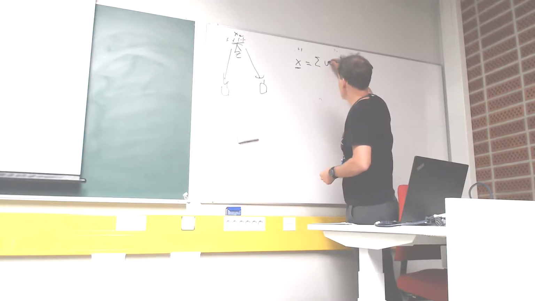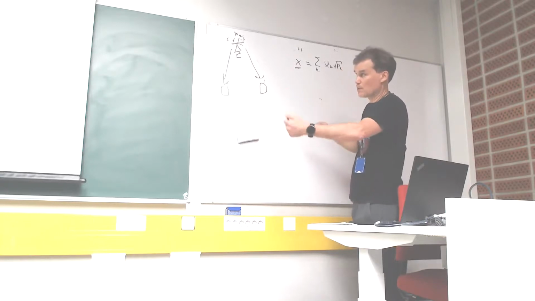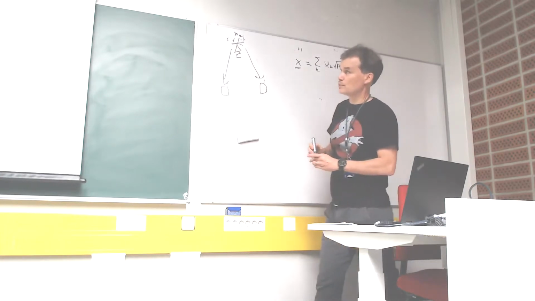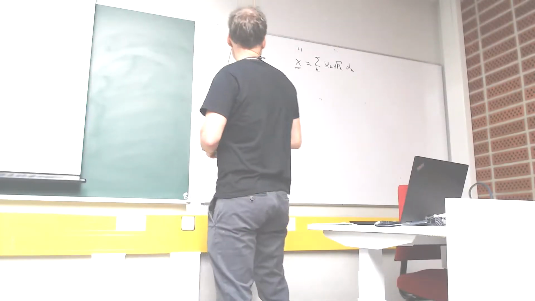So we assign a precoder, this is the normalized precoder vector, and then we assign a power, since we have some power constraint at the transmitter, and then we have a symbol for each user.